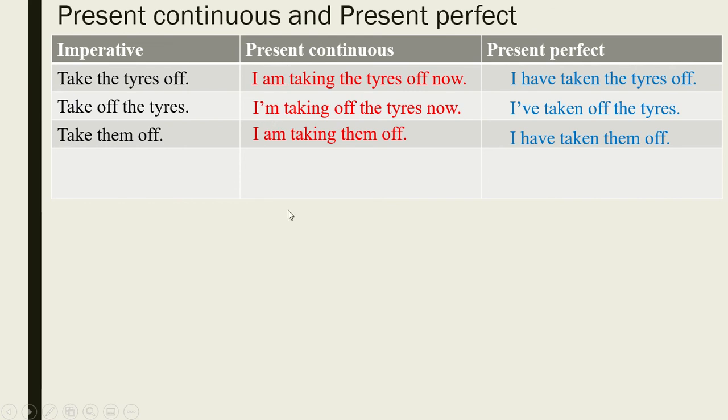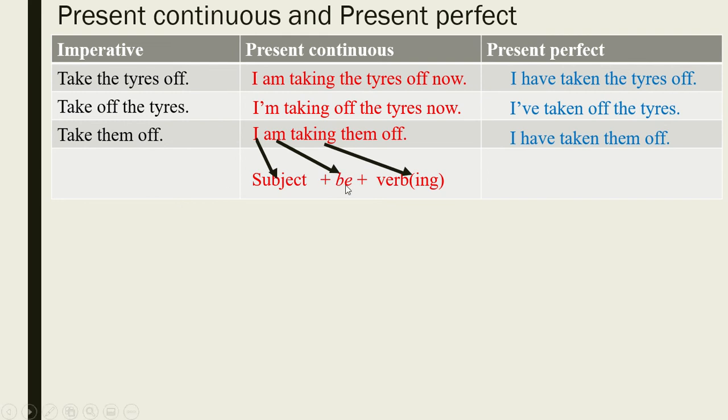Now, let's take a closer look at the present continuous. We have: I am taking the tires off now. I'm taking off the tires now. I am taking them off. In each of these, we have the subject, I, then am, which is a verb to be, and then the verb with ing.